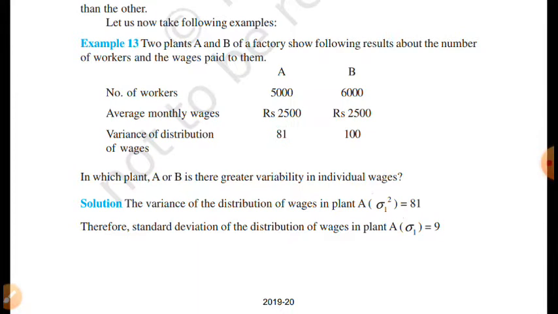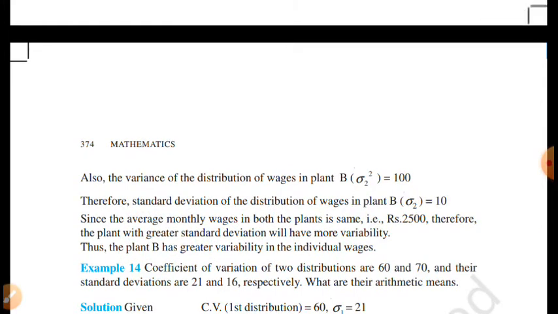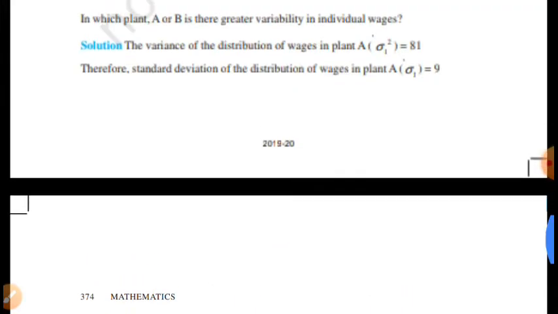In which plant, A or B, is there greater variability in the individual wages? Here the variance is given, and in both cases the average monthly wages are the same, but the number of workers is different. For plant A, the variance is 100, so the standard deviation is 10.